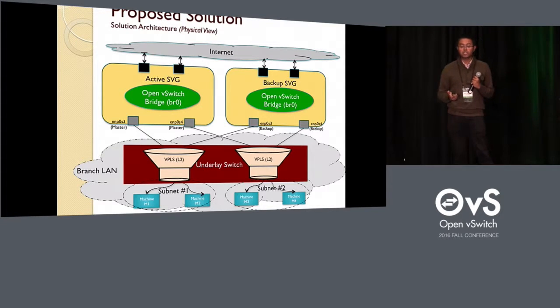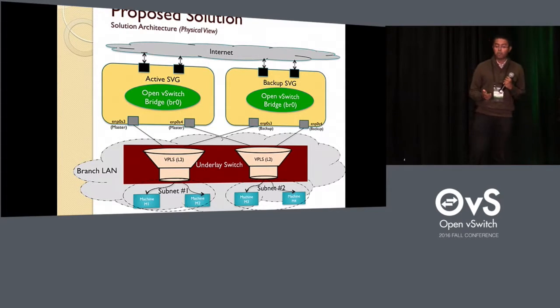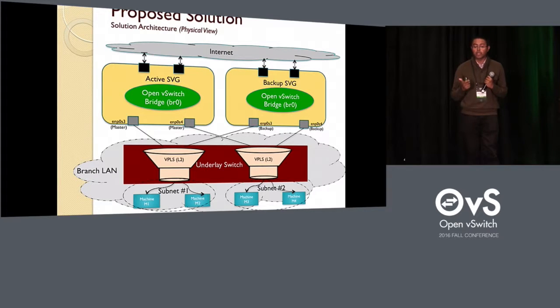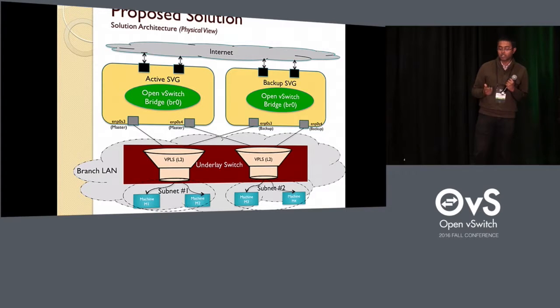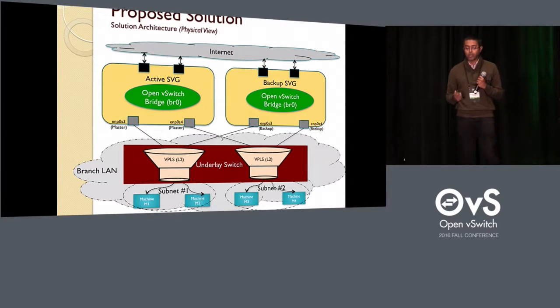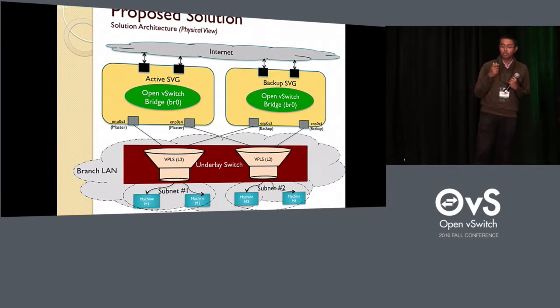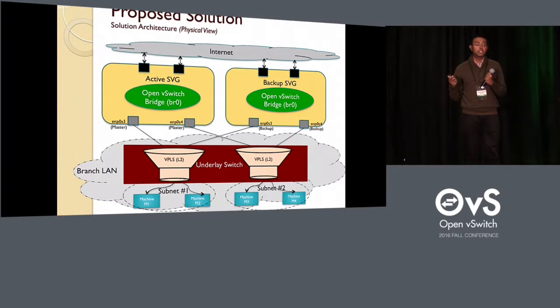What that means is we will form a VPLS kind of connection with the access ports, one each from the active and the backup gateway, and then we will do it for each subnet. So traffic coming from machine M1 or M2 will be given to the active gateway and the backup gateway, and we will figure out a way to make sure that the traffic from the backup actually drops or finally doesn't reach into the network.